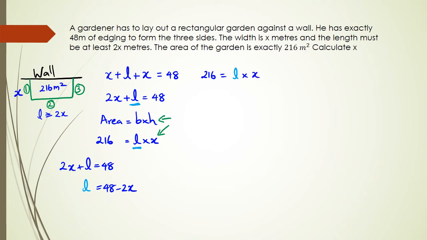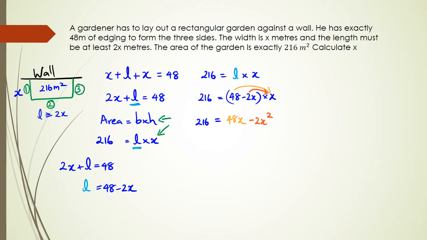But because L equals 48 minus 2x, I can write this as 48 minus 2x multiplied by x. Now at this point, I need to expand the right hand side. So I'm going to get 216 equals 48 times x is 48x, and then negative 2x times x is negative 2x squared.